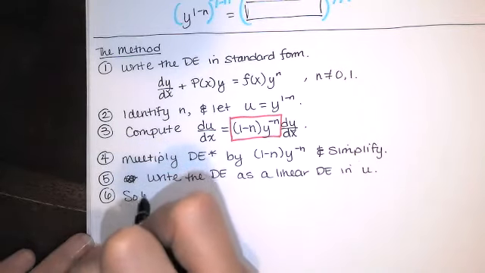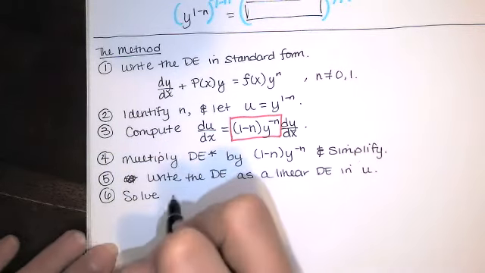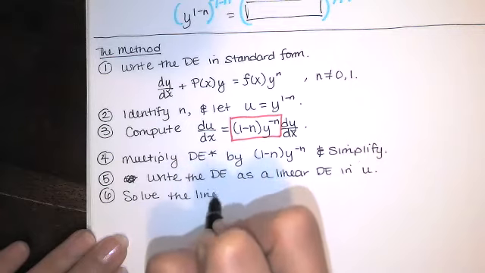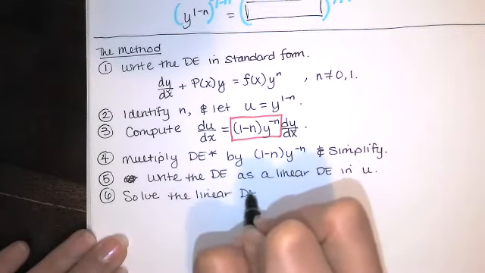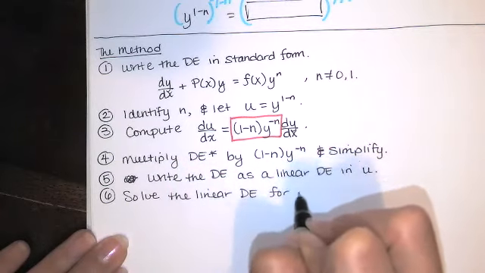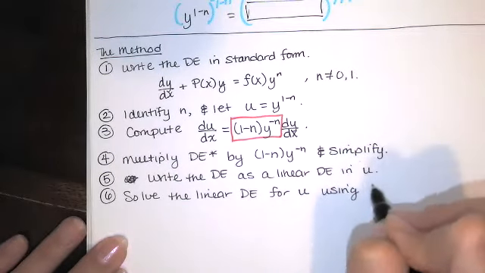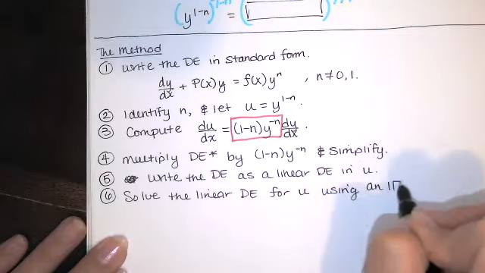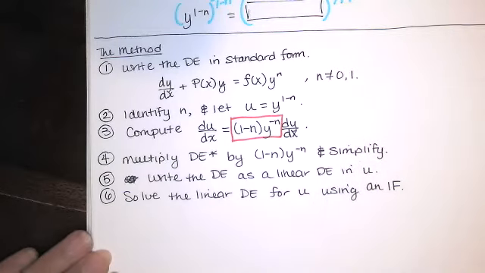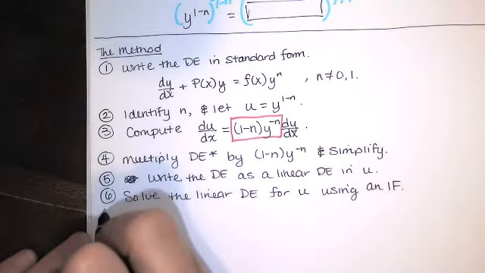Then you're going to solve that differential equation for u using an integrating factor. So you're going to use the integrating factor method that we talked about when we solved first order linear equations.